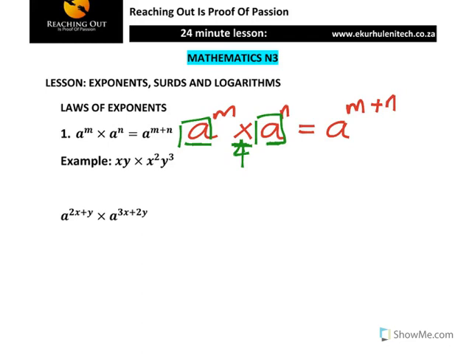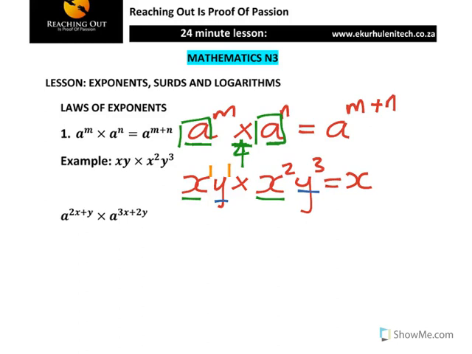For example, xy times x squared y cubed. Look again at the bases and the exponents. You have got x and x, and you have got y and y. So those are two bases. Let's start with x. When you don't see any number, it means there is a 1.